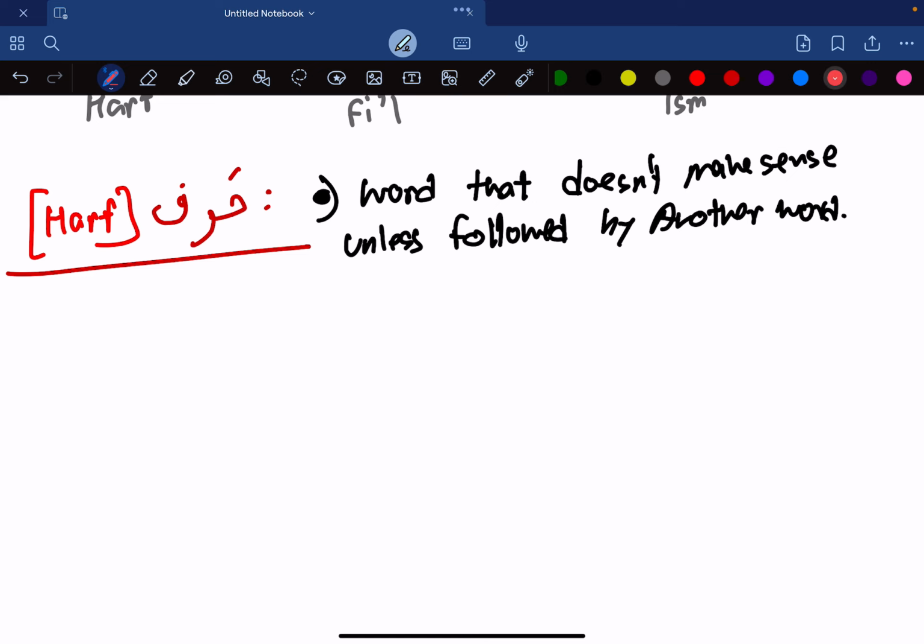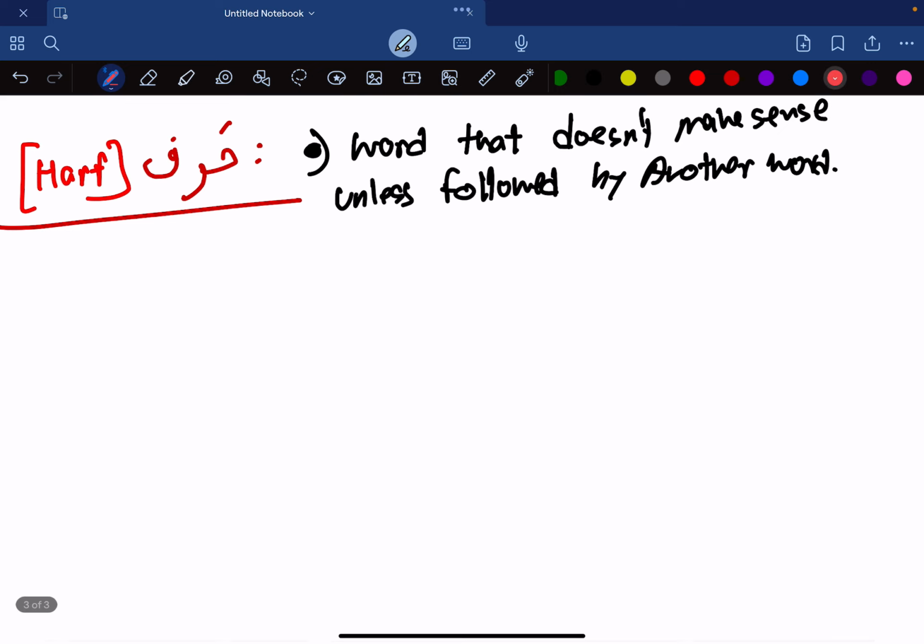Examples. Words like at, in, to, the. If someone calls you and asks, where are you? And you're like, to. Like, habibi, what? Or someone asks, did you go to the office?